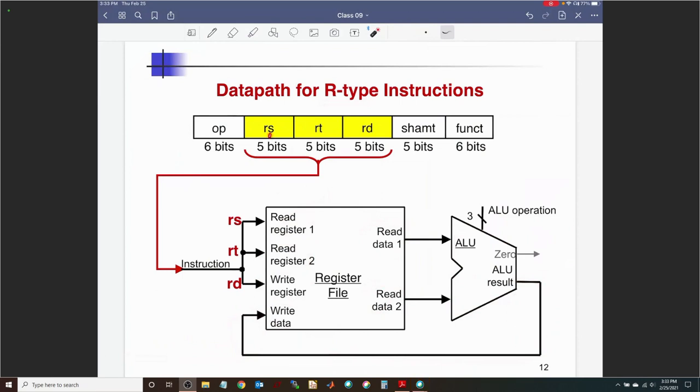So you have 5 bits coming in from here to go to there, 5 bits coming in from there to there, and then 5 bits coming in from RD to go to there. So those 5, 5, 5, 15 bits, 5 of them go here, 5 of them go here, 5 of them go here.